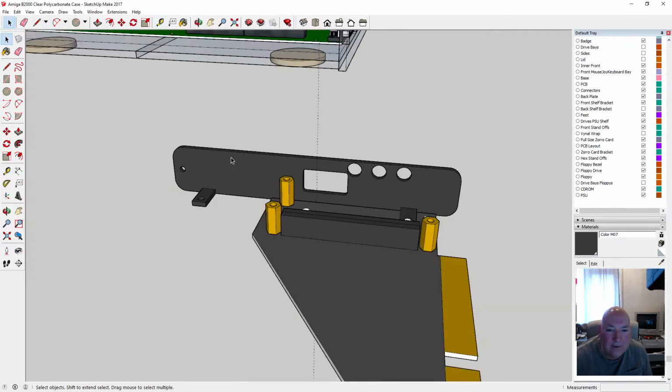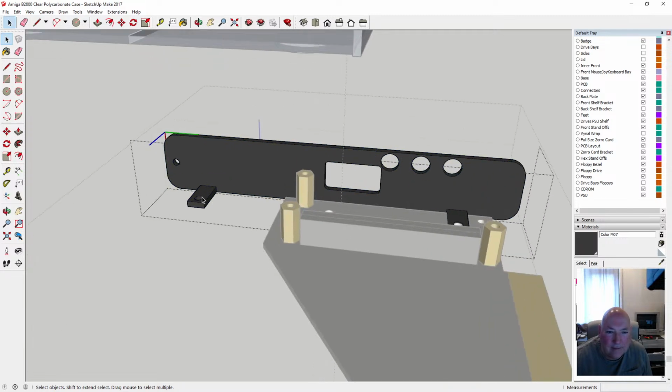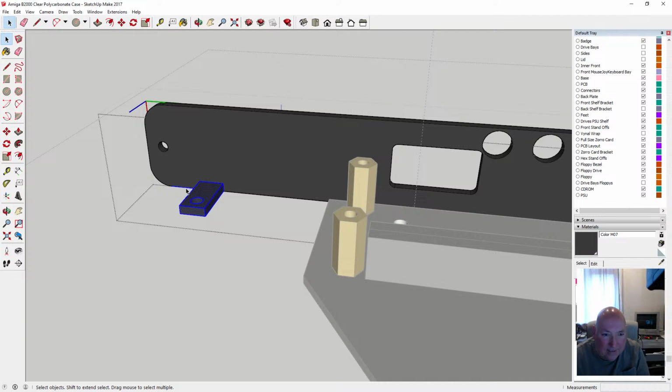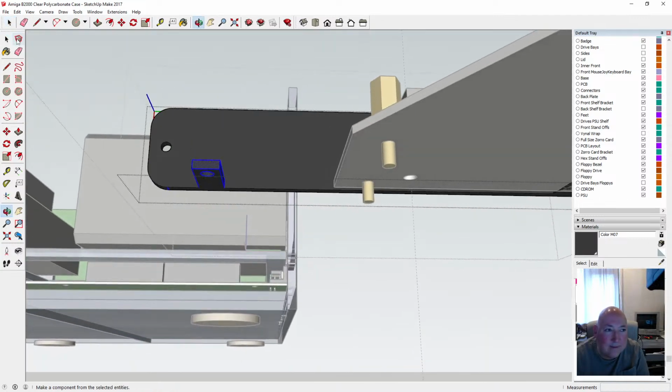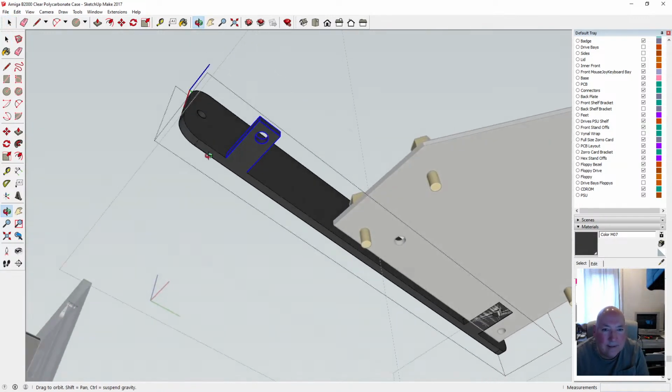So I need to go into that and grab it. Right, so grab it, but not that, and not, no, wrong icon, not that. Yeah, I need to move it down.